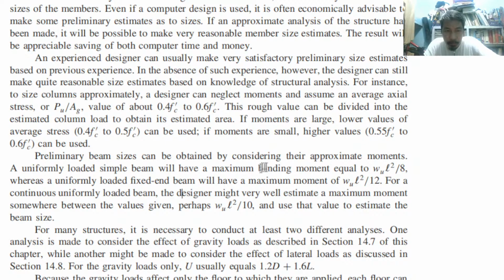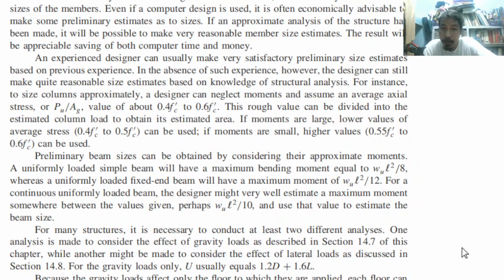If we talk of beams rather than columns, beam sizes can be obtained by considering their approximate moment. A uniformly loaded simple beam will have a maximum bending moment equal to, take note of this, WL squared over 8, whereas a uniformly loaded fixed-ended beam will have a maximum moment of this one.